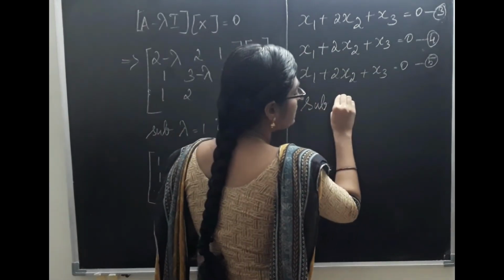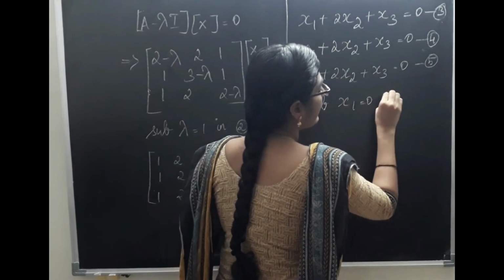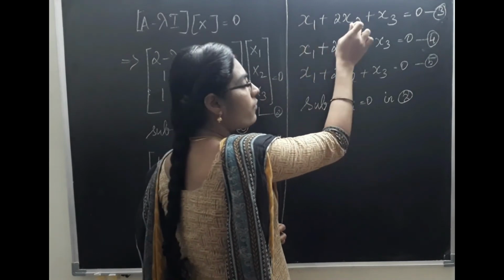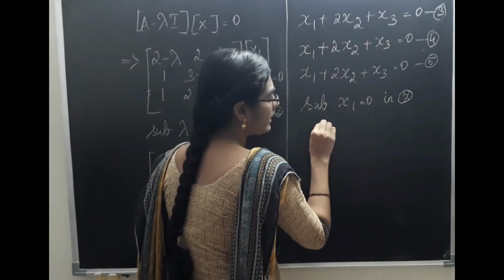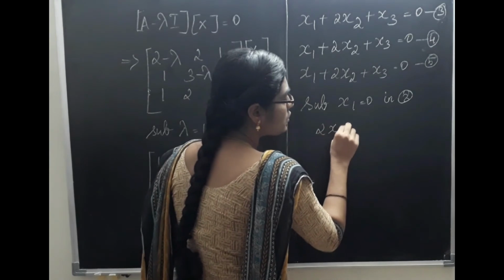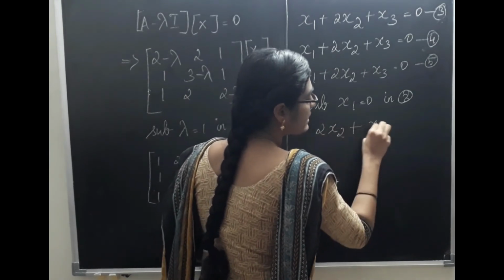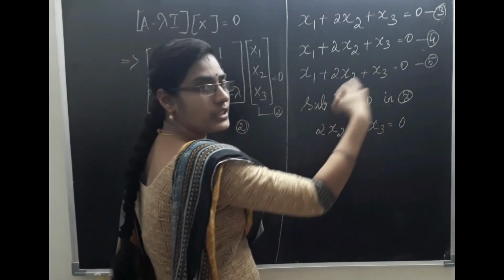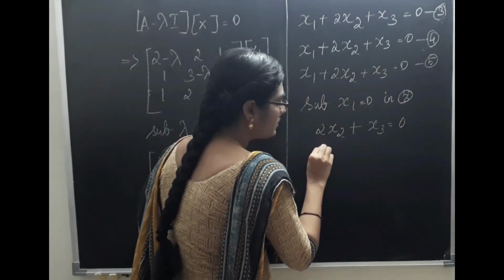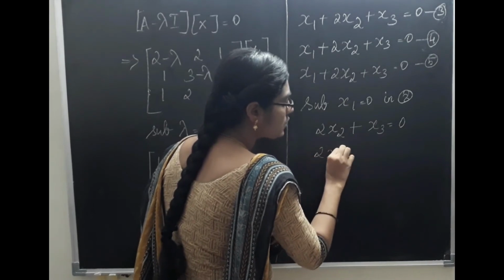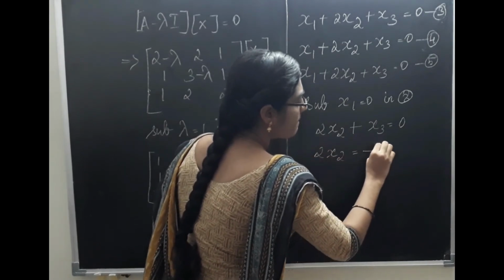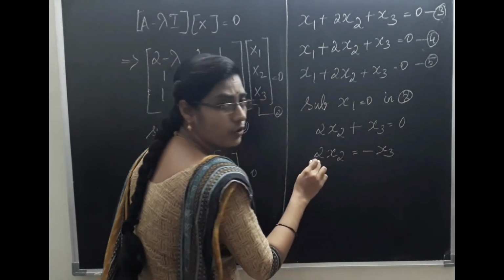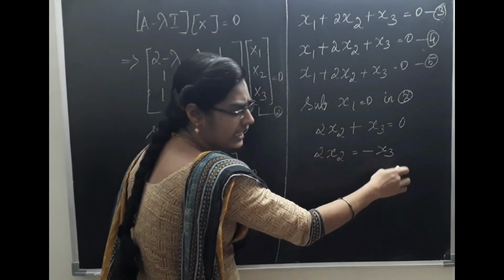Substitute x1 equal to 0 in equation number 3. If x1 becomes 0, we will have only x2 and x3, right? So we can write it as 2x2 plus x3 equal to 0. Bring x3 to the other side, so that 2x2 equal to minus x3. Now bring the coefficients to the denominator of the other side.